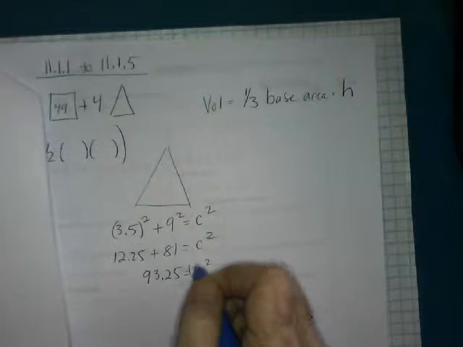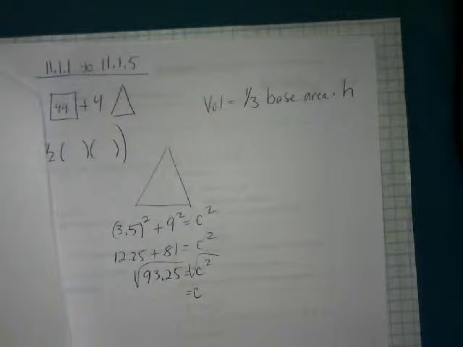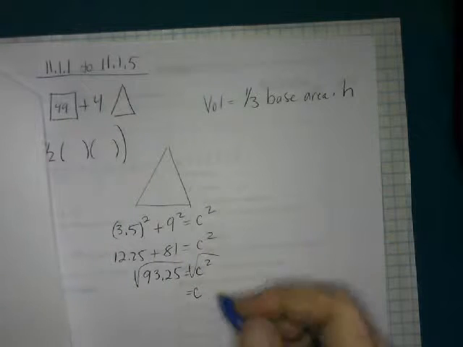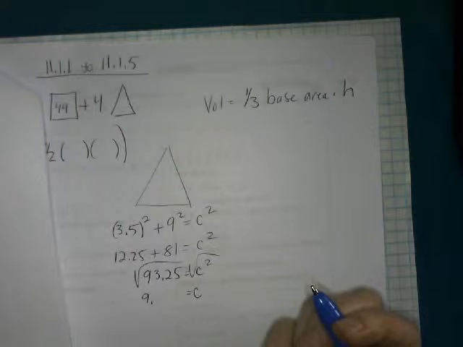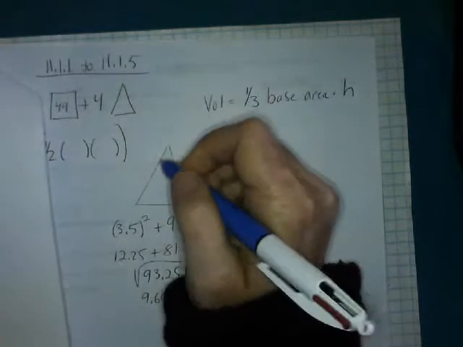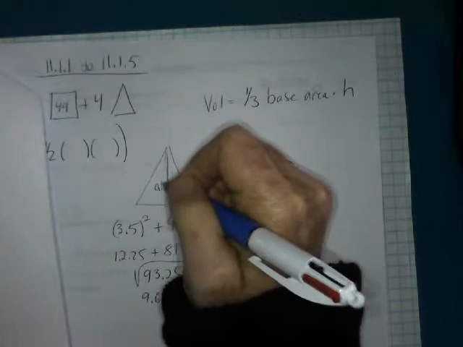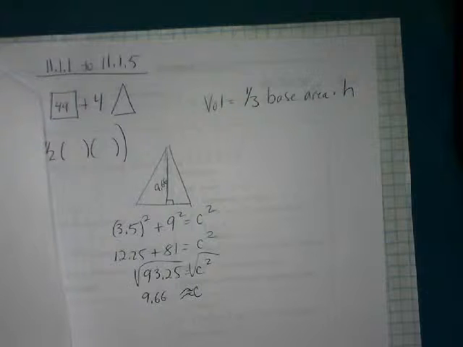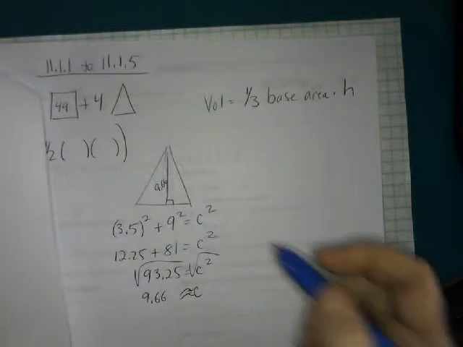I'm going to square root both sides. So C is going to equal about 9.66. So that's going to actually be this. Okay, and then the bottom was 7.